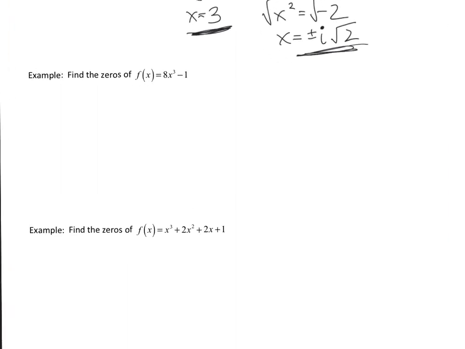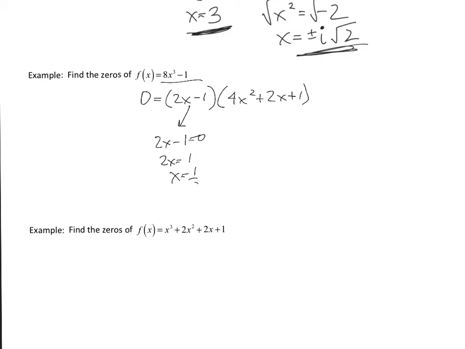All right, now, again, you're always going to try to factor first. This is factorable. It is a difference of cubes. So if you remember the difference of cubes setup, the factoring should look like this. And again, one of these roots is easy to find. It's a fraction, but that's no big deal.